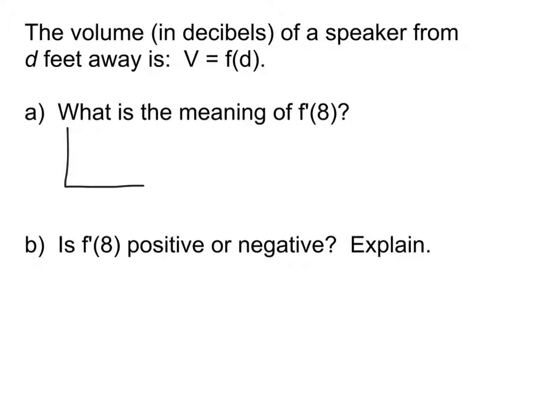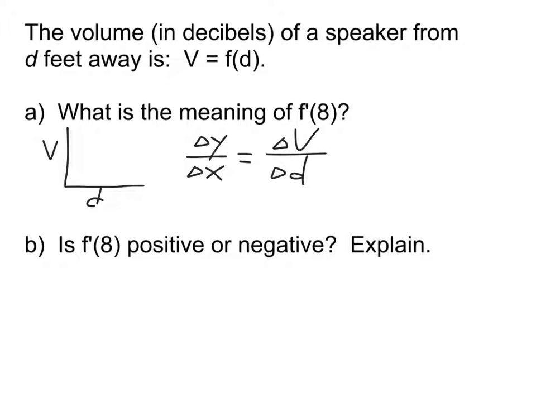In this case, it is d on the horizontal axis and V on the vertical axis. And if I'm thinking back to how the derivative is basically delta y over delta x, in this case that would mean delta V over delta d.